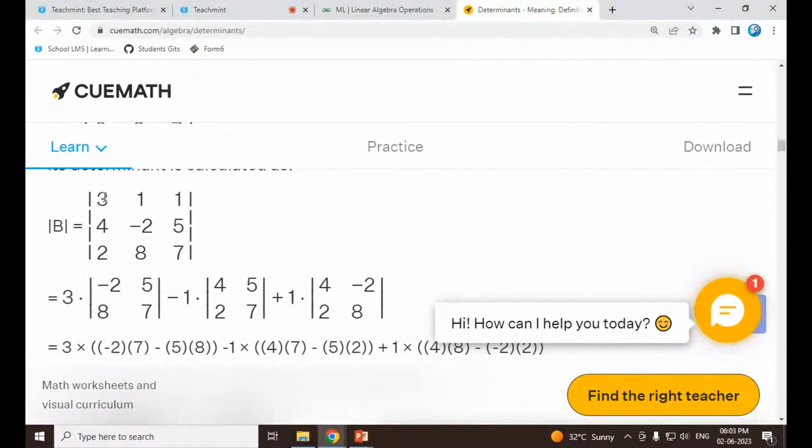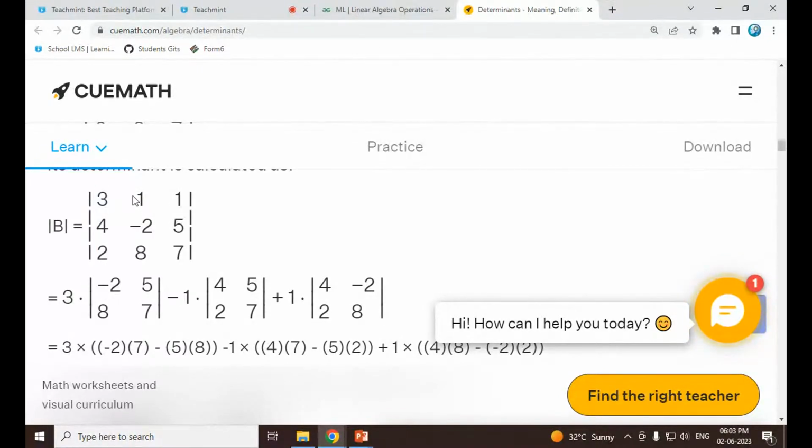A real example: 3 is kept here, and -2 and 7, 5 and 8 need to be multiplied. If I come here, these 4 elements will be your determinant. For each element, the row and column have to be ignored.